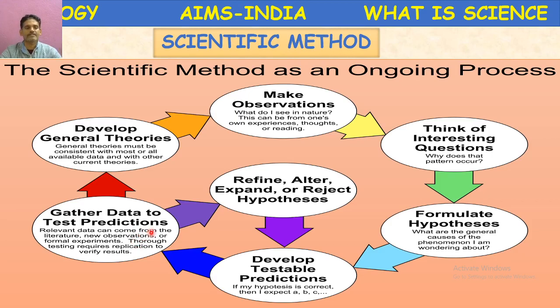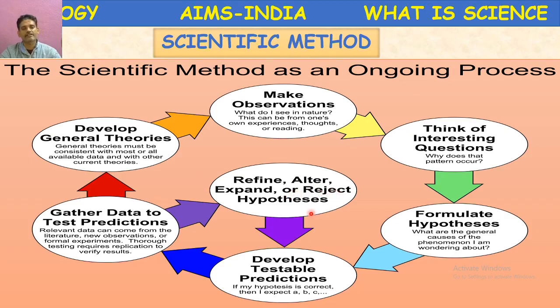So, in order to do that, what do you have to do? You have to refine. You have to alter. You have to expand. Or if it is not possible, you must be ready to reject the hypothesis if it is not accurate.